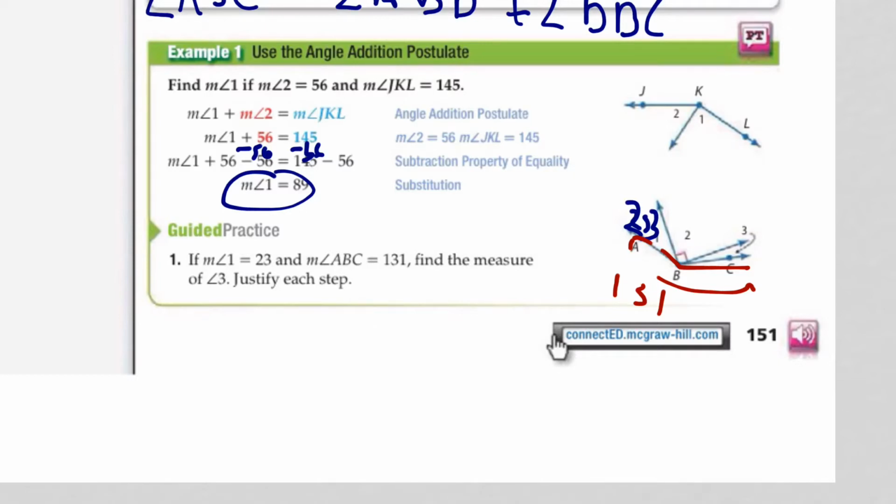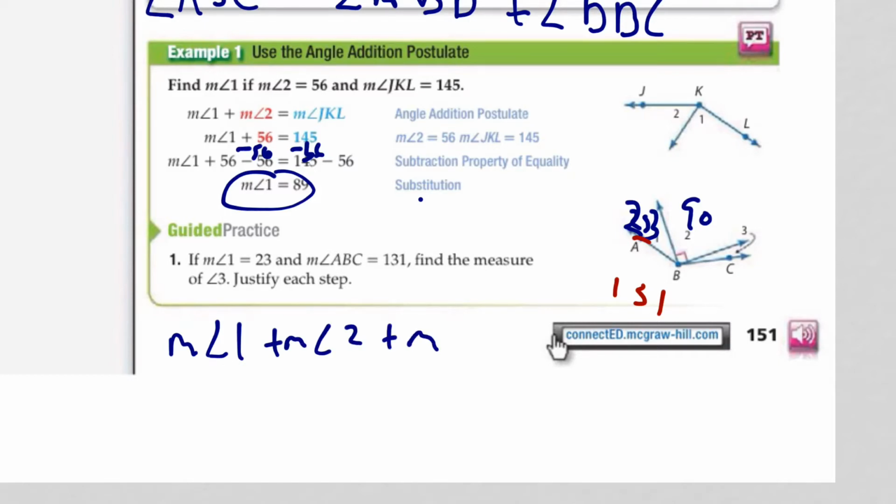Well, there's something special about this one. What is angle 2? Angle 2 has that little square. Remember, the little square means that that angle is 90 degrees. We know that a right angle is 90 degrees. So measure of angle 1 plus measure of angle 2 plus measure of angle 3 equals, what is it? 131.